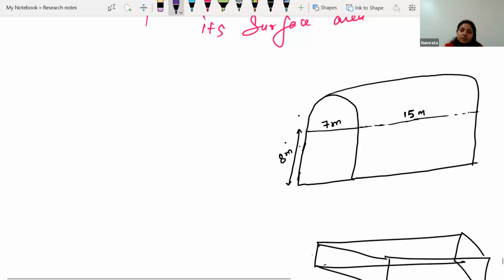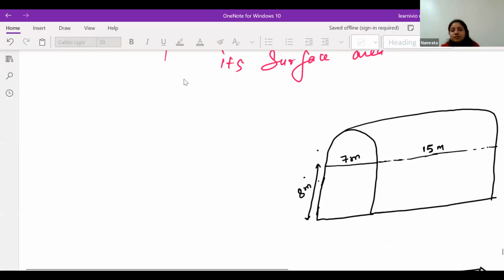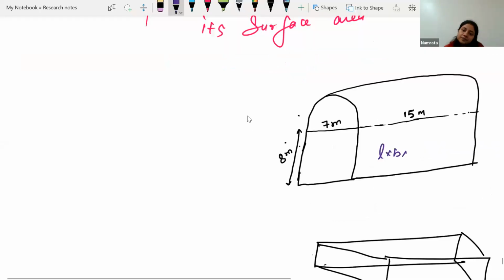From there only a cube came, right? Since length, breadth and height are all the same for a cube, we have got a cube. So L into B into H for the cuboid. The cylinder is 1 by 3 pi r square h?